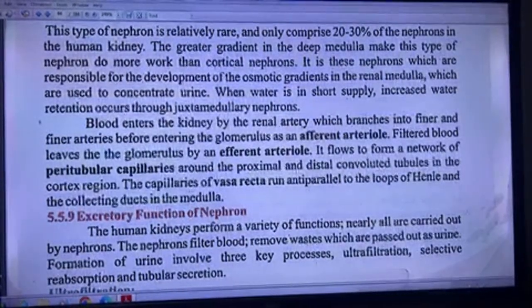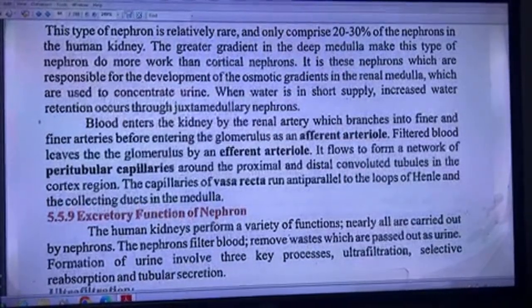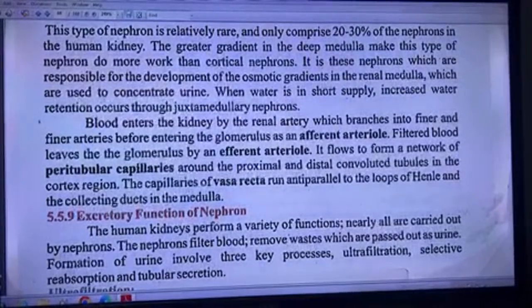The greater gradients in the deep medulla make this type of nephron do more work than cortical nephrons. It is these nephrons which are responsible for development of the osmotic gradient in the renal medulla, which is used to concentrate urine. When water is in short supply, increased water retention occurs through juxtamedullary nephrons.